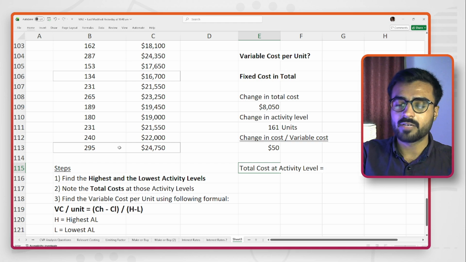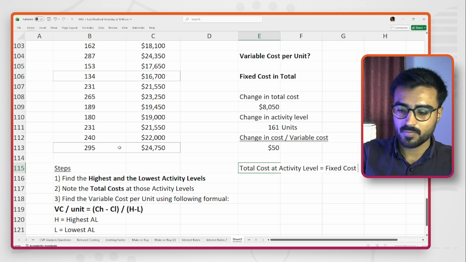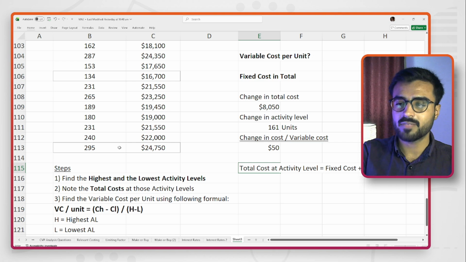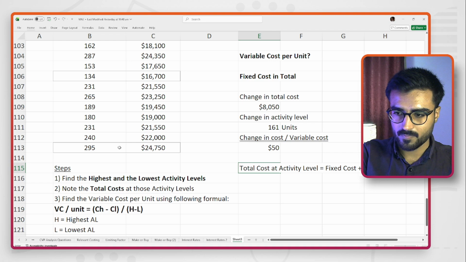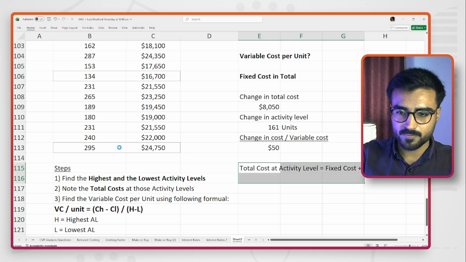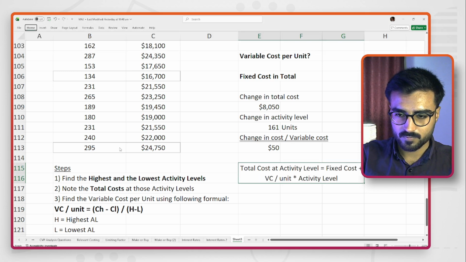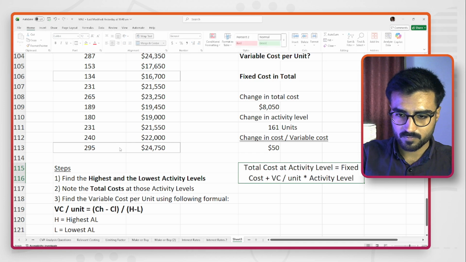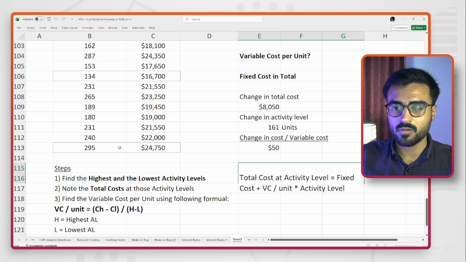Total cost at activity level equals fixed cost, which is the total figure for the fixed cost, plus variable cost per unit multiplied by activity level. This is the formula that you use to find total cost at any activity level.